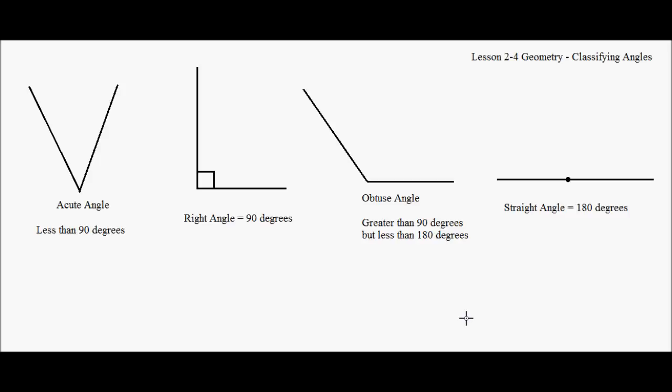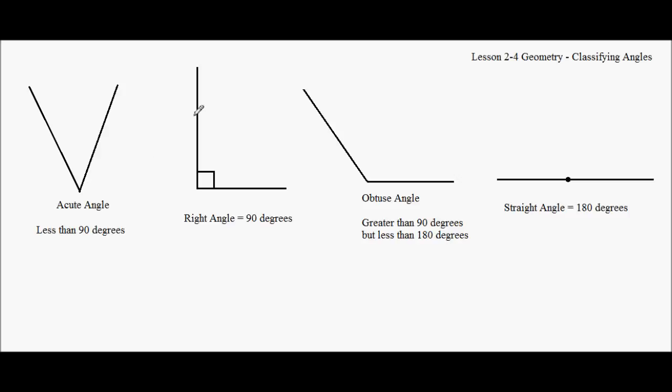And this is going to be the quickest video in the history of videos, because this is a really easy lesson. So we have 4 types of angles, and we classify them as acute, which is an angle that's less than 90 degrees.